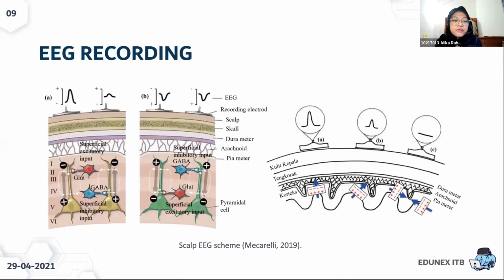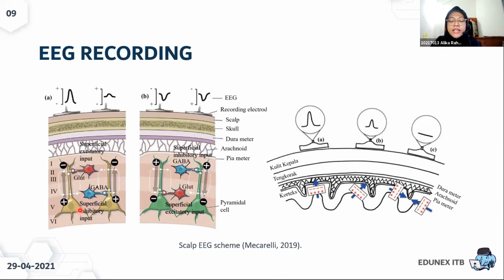This is how EEG does the recordings. The postsynaptic potential is divided into excitatory, or EPSP, this one, which makes the positive ions flow into the cell, so the space becomes more negative, and this space becomes more positive, and a dipole is formed.